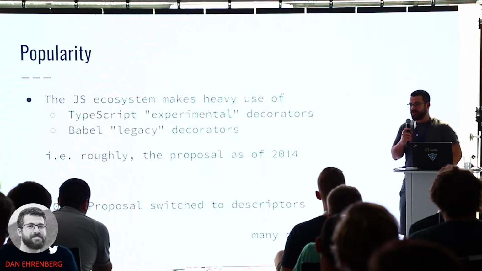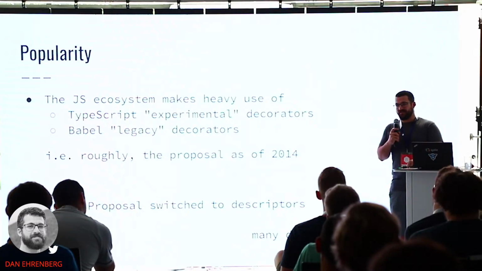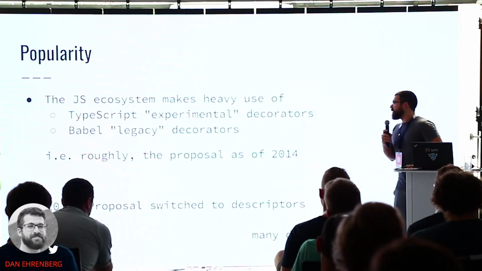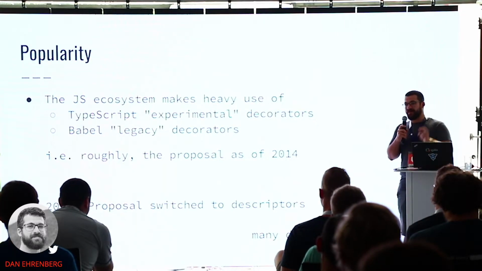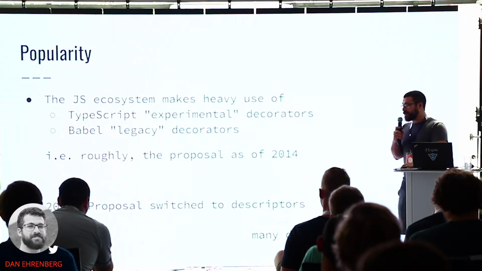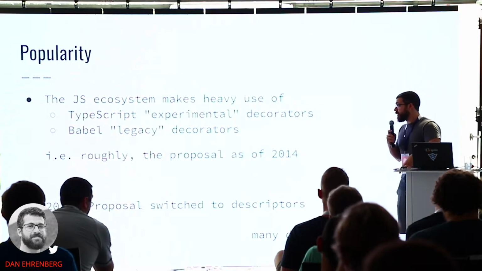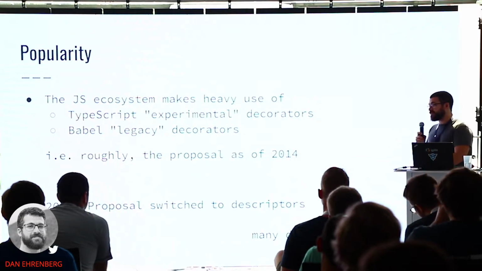It's pretty annoying to have to set the particular build flags, and there's some inconsistency in how those work in the ecosystem right now. And so these TypeScript experimental decorators and these Babel legacy decorators are really popular, even though they don't represent any particular standard. And that's the state of the proposal as of 2014.